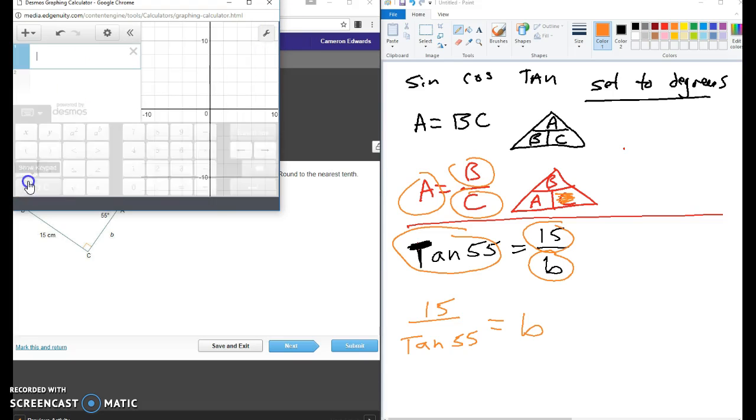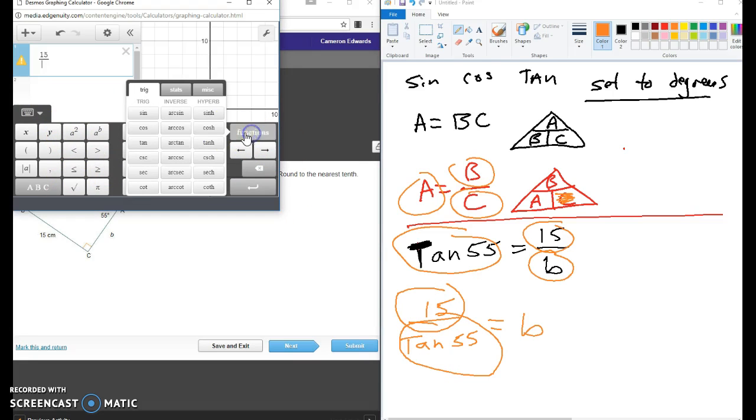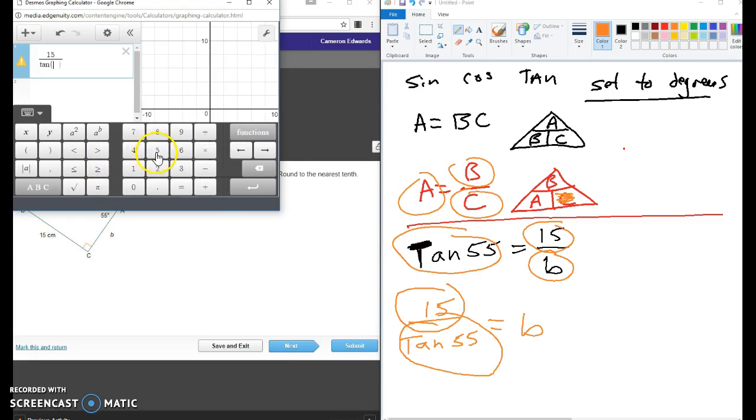All right, now I can pull this up. 15 divided by tangent of 55. I go to my functions, tangent 55, and I get 10.5. That should be my answer: 10.50 centimeters.